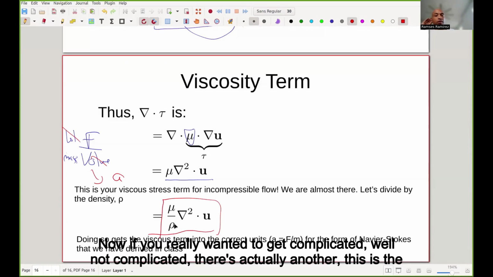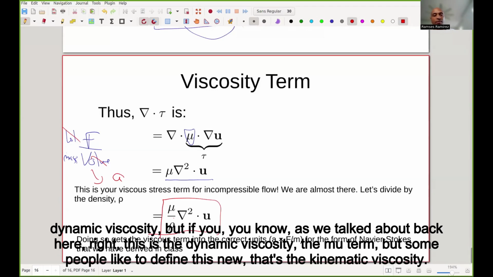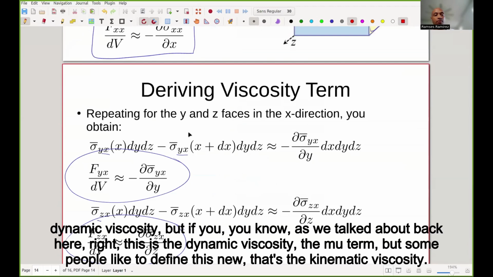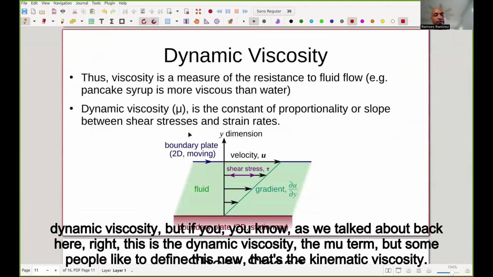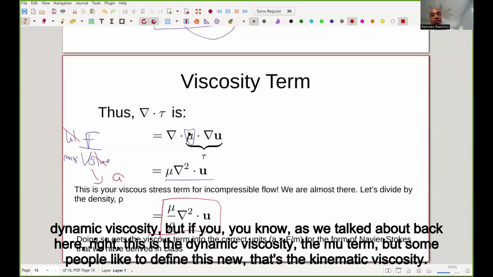Now, if you really wanted to get complicated, well, not complicated, there's actually another. This is the dynamic viscosity, but as we talked about back here, this is the dynamic viscosity, the mu term. But some people like to define this nu, that's the kinematic viscosity.